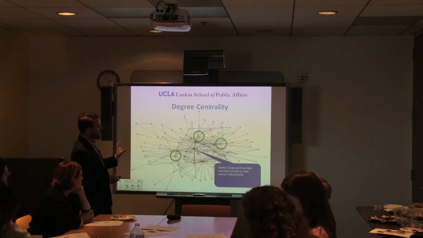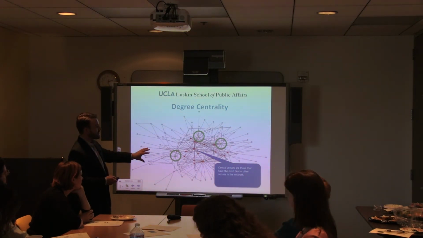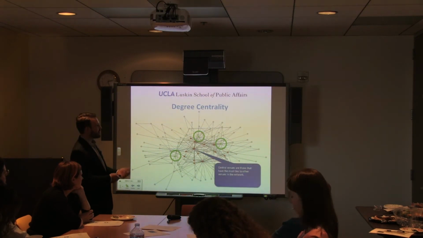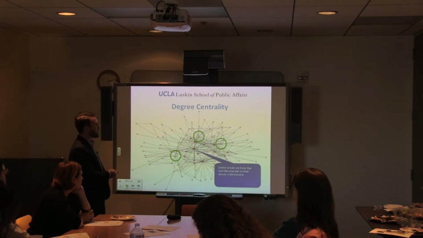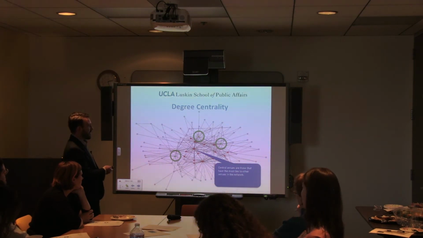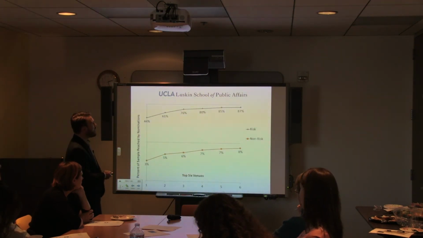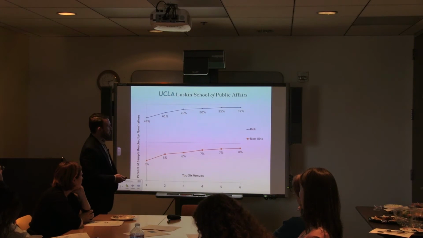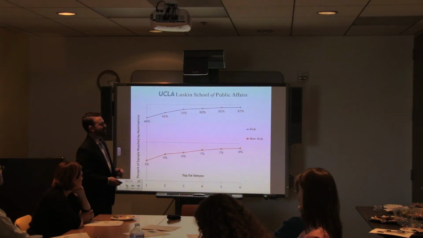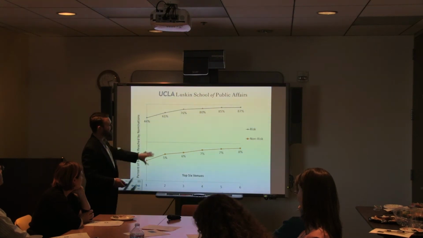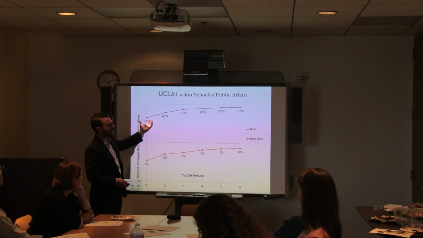So you can see that the majority of venues in the center of the network were those high-risk venues, but there were a small number of low-risk venues, on their face, that were highly connected. This is a graph that looks at those, here I call them non-risk and risk, and the colors are a bit different, but those low-risk venues versus high-risk venues.